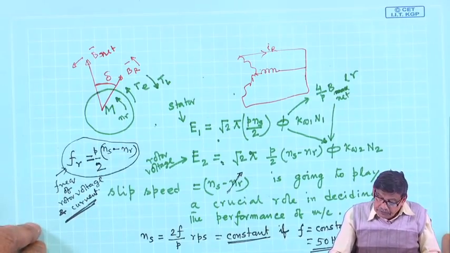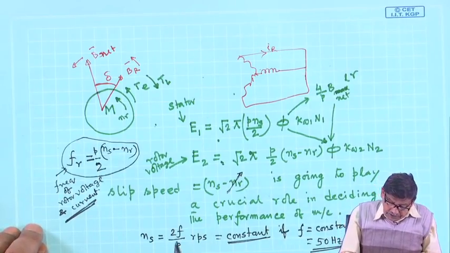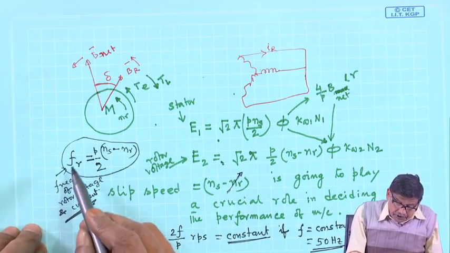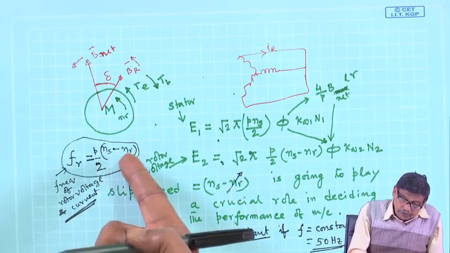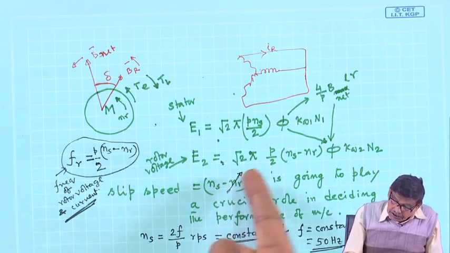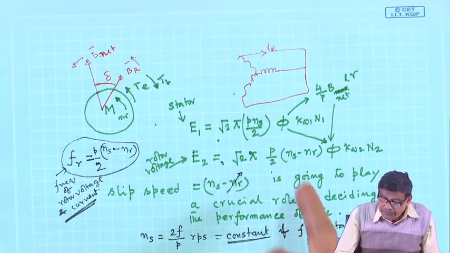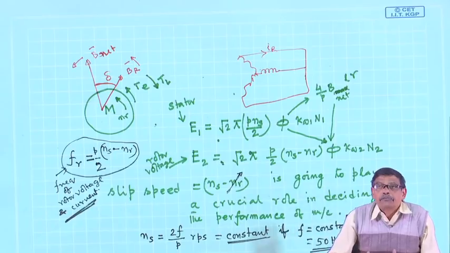So, these two things must be understood. This can be assumed to be constant. Frequency of the rotor current depends upon rotor speed, and also the induced voltage in the rotor depends on rotor speed, and rotor speed may change.